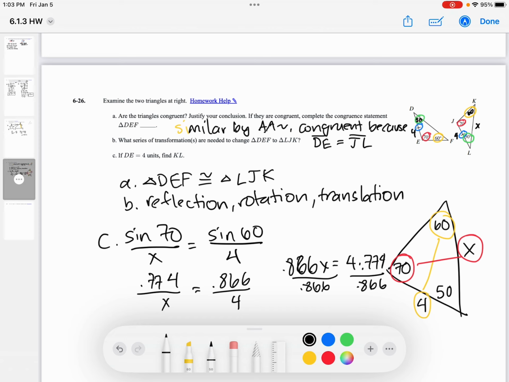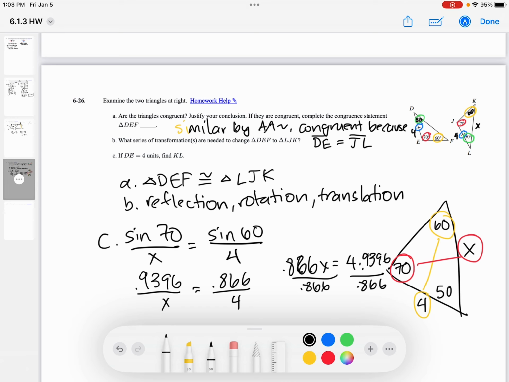Oh, and you know what? I am realizing I had my calculator in the wrong mode. This isn't 0.774. Sorry. Sine of 70 is 0.9396. So to fix that, it's a good reason to show your work so that when you make a mistake, you can know how to fix it.